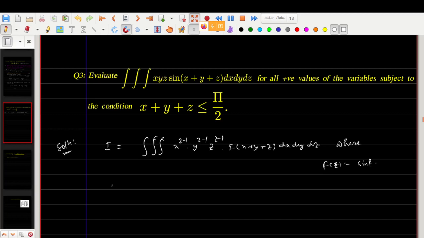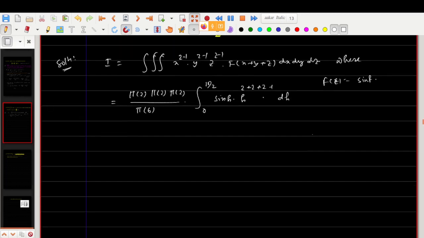And now this is actually equals gamma 2 gamma 2 gamma 2 by gamma 6 times the integral from 0 to pi/2 of sine of h times h^(2+2+2-1) dh, and by which theorem? By Dirichlet theorem.